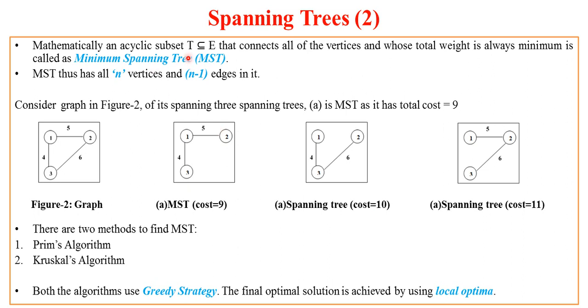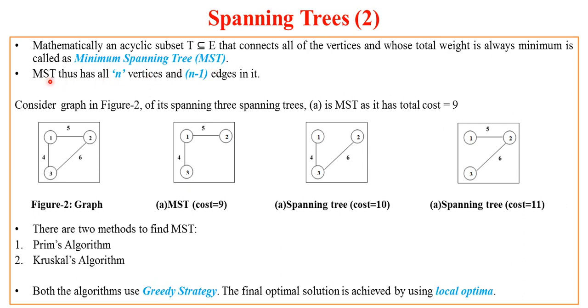Now mathematically, the spanning tree T is a subset of the edges, because a spanning tree doesn't cover all the edges present in the original graph G. So a tree which covers all the vertices in G but a lesser number of edges of the graph is a spanning tree, and if the total of all the edges of the spanning tree is minimum, then such a spanning tree is called a minimum cost spanning tree.